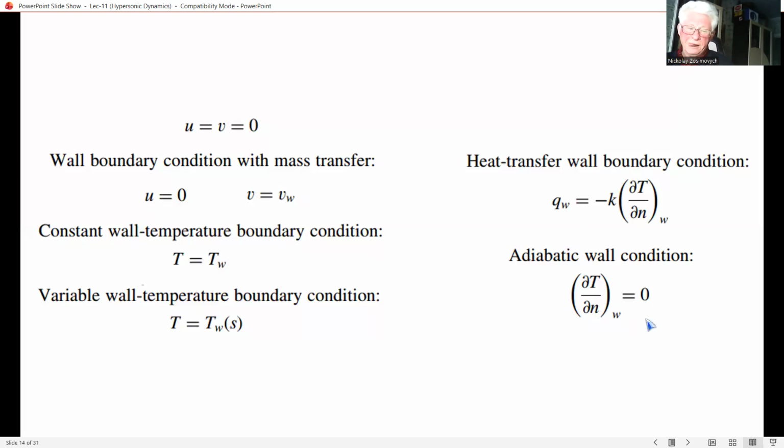Note that here the boundary condition is not on the wall temperature itself, but rather on the temperature gradient, namely a specified zero gradient at the wall. The resulting wall temperature, which comes out as part of the solution, is defined as the adiabatic wall temperature, T_AW, sometimes called the equilibrium temperature.